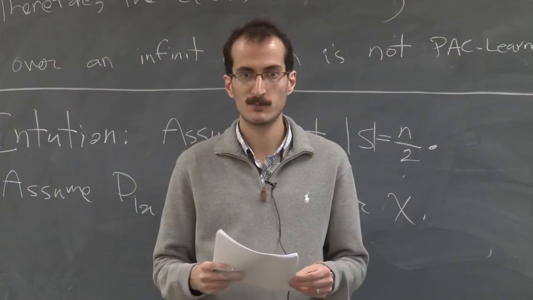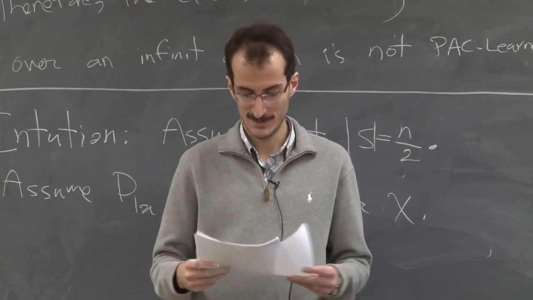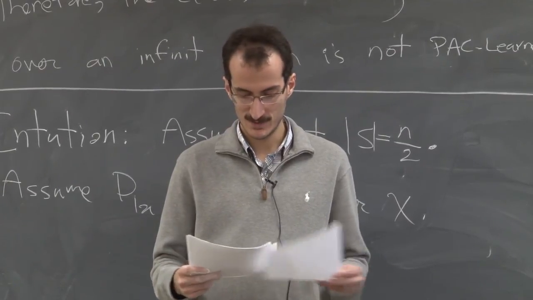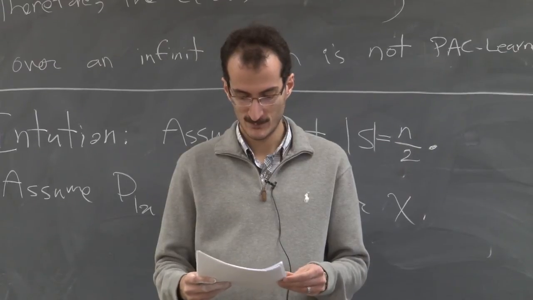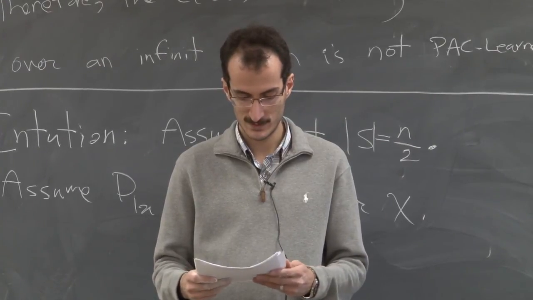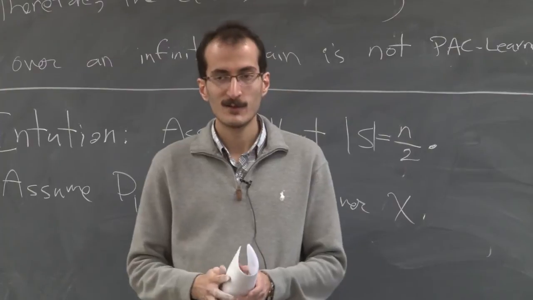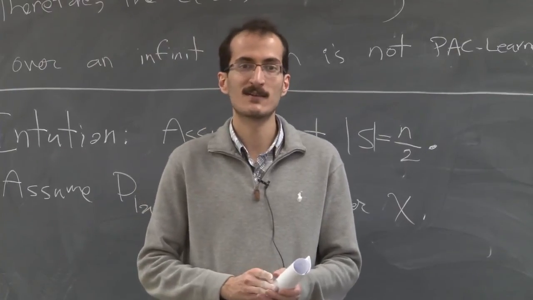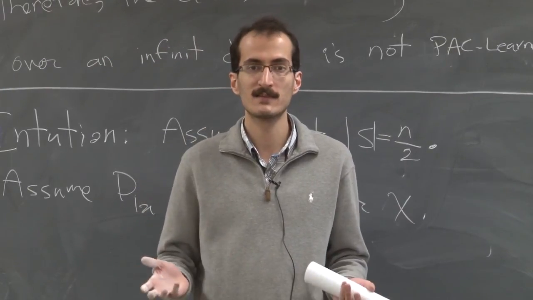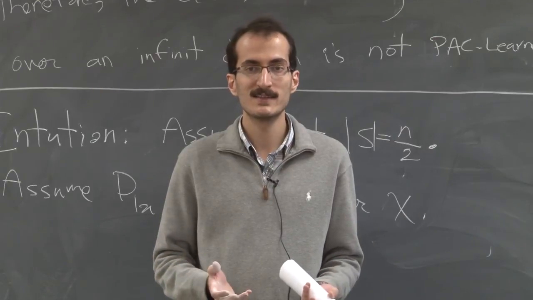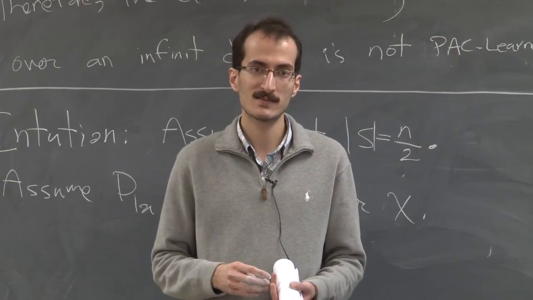I hope that Shai will prove it for you in this next section. And let me tell you another thing here. We showed that larger classes are harder to learn. The class of everything is harder to learn. But it is good in some other way.